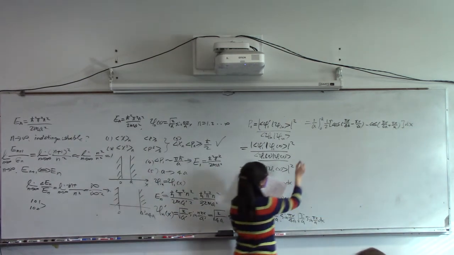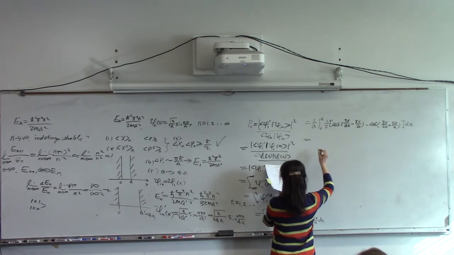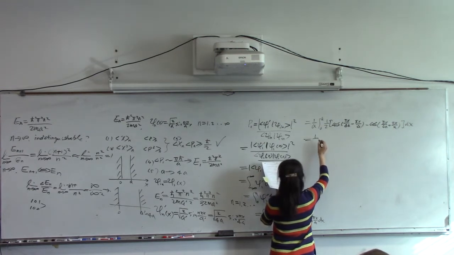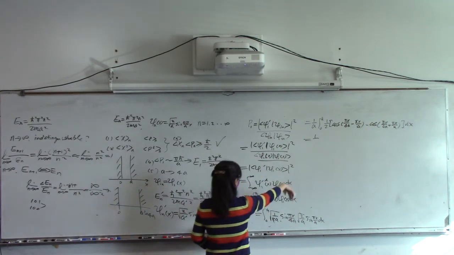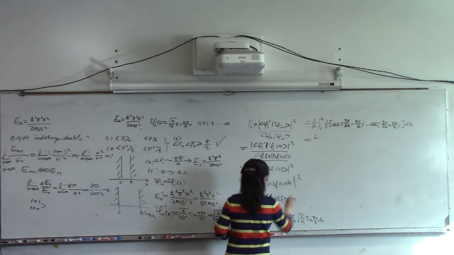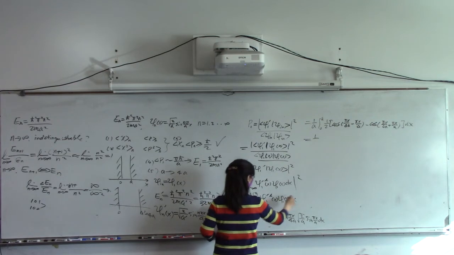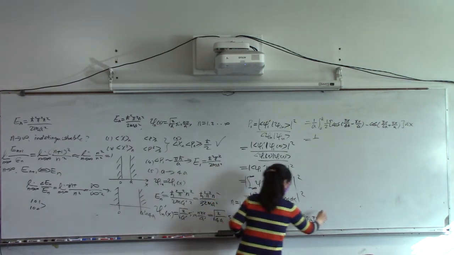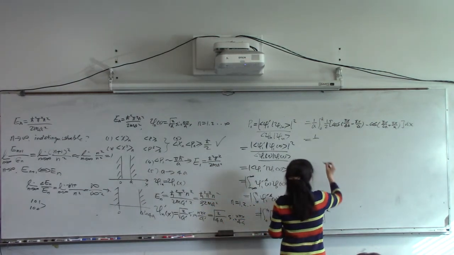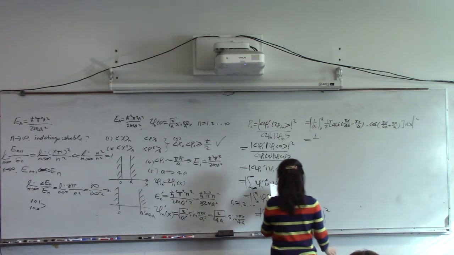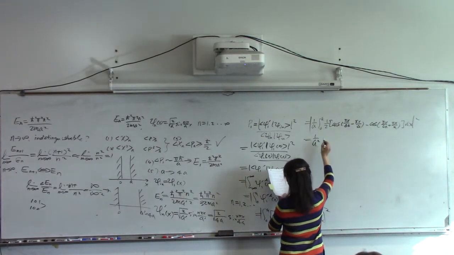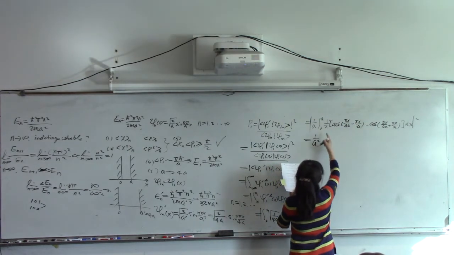So now I give you the final result. Okay, I forgot to take a square. So that is, then finally we have a square over, we have a factor 2.